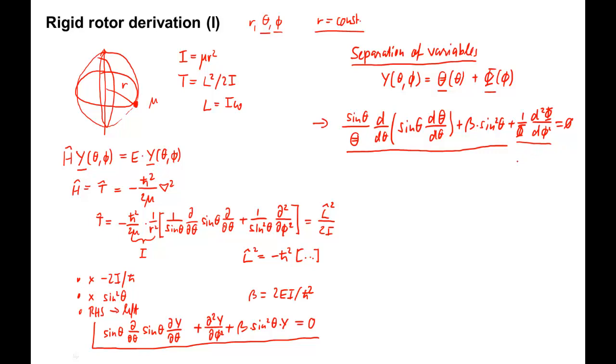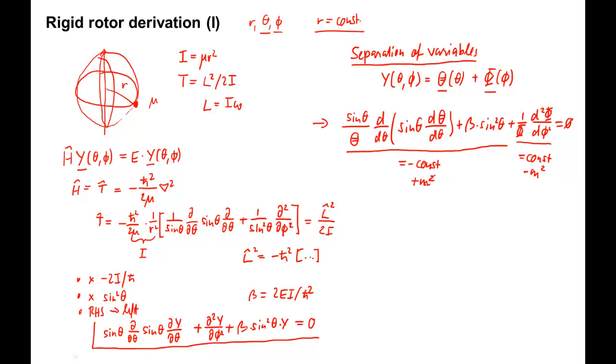Therefore, the last term must be a constant, independent of the value of phi. We'll call this constant minus m squared for future convenience. In analogy, the sum of the first two terms must be the negative of the same constant to give a total of 0. This constant will be plus m squared.